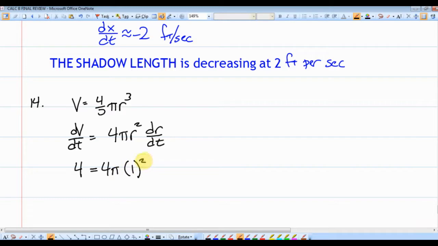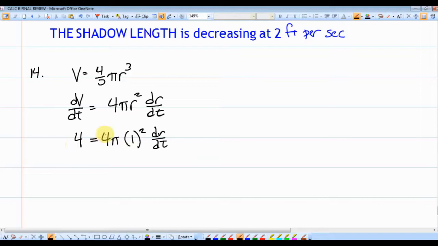We want to know what rate the radius is increasing. Oh wow, this problem is done for you. dr/dt is equal to 1 over pi. Is it feet per second or inches? It's inches. My bad. Inches per second when the radius equals 1 inch.